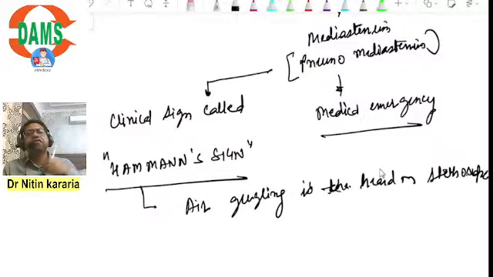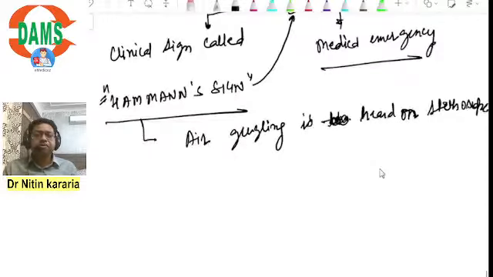Whenever we place stethoscope on the patient's chest and the mediastinal region, we hear the sound of air moving up and down, a vigorous sound, that is called Hamman's sign, which is a characteristic feature of pneumomediastinum. So it is a medical emergency, has to be taken care of promptly.